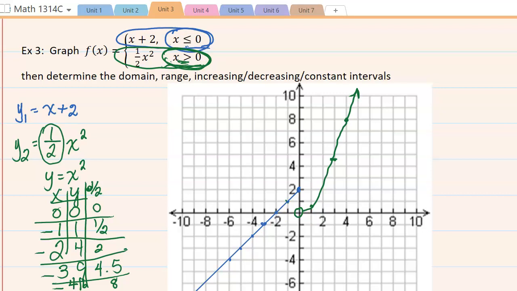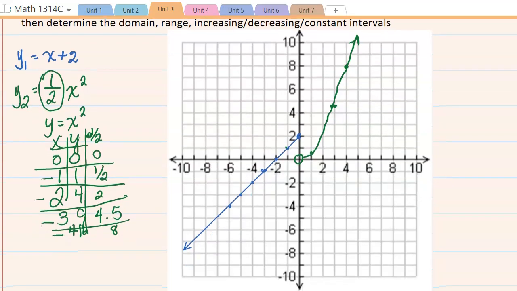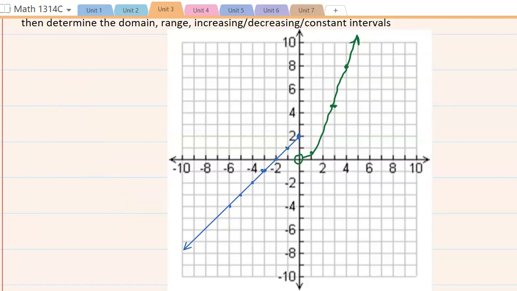So now let's go find all the information we wanted to find about it. Our job is to find our domain, our range, and any intervals that may be increasing, decreasing, or constant. Let's start with the domain. One thing we might want to remind ourselves is that we can find our domain by taking a look at the shadow that our graph would make on our x-axis.